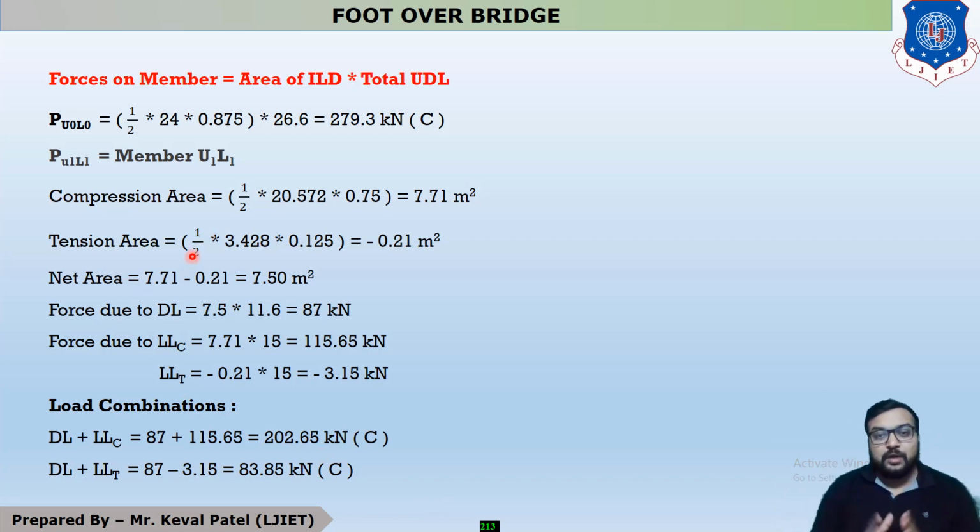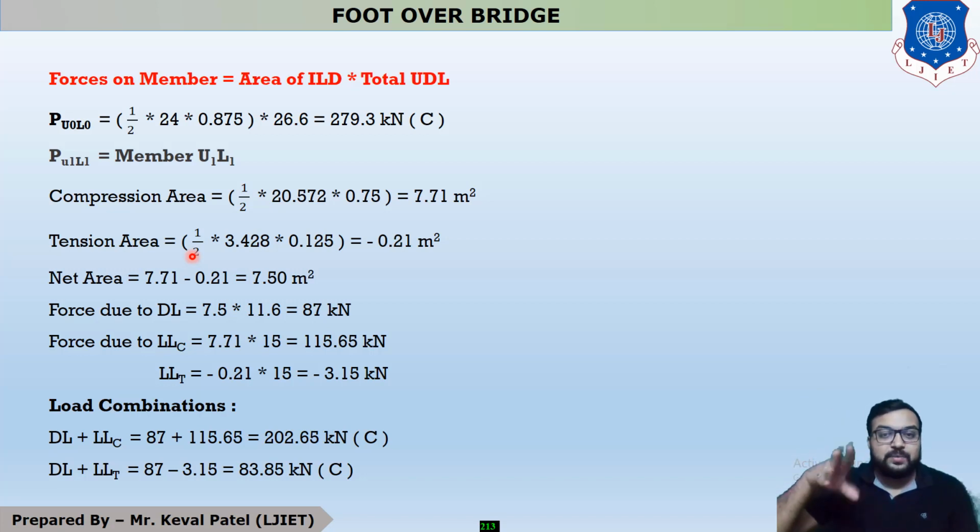In which first of all you have to find out compression area, you have to find out tension area, after that you have to find out net area. With the help of net area you will get your answer of force due to dead load. After finding out the force due to dead load, you have to find out force due to live load compression and live load tension. After finding out all these things, you have to use two load combinations.